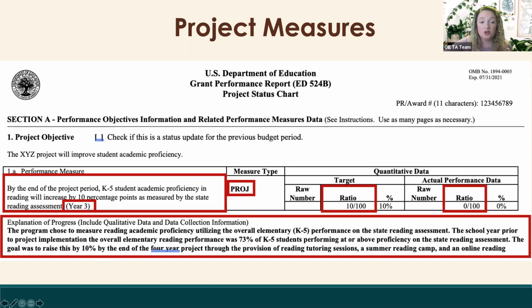This one's a project measure, so PROJ. And again, now I'm putting in a target and I'm putting in some actual. So I've got both in there now. Again, just the ratio, the system will create the percentage for you. And then your narrative down below to explain.